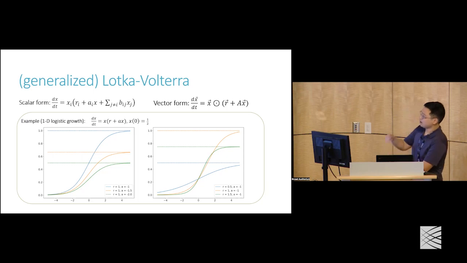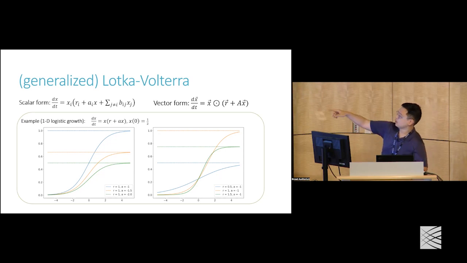Depending on what r and a are, you can get different rates of change for your solution, where ultimately there's an asymptote at 0 and at some well-defined carrying capacity, which is what the horizontal lines are for each color. You can see that changing the values of r and a changes either the rate of growth or the overall carrying capacity, or both, depending on the ratio between r and a.